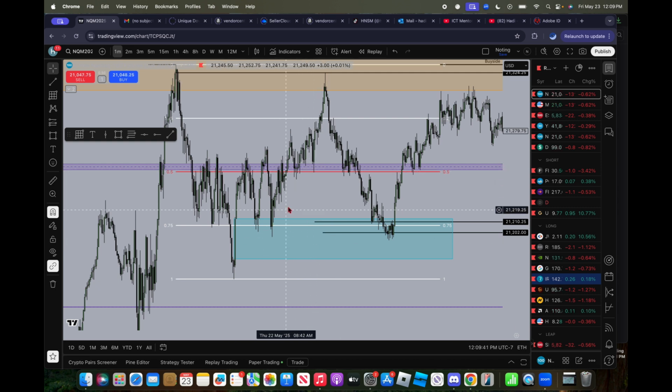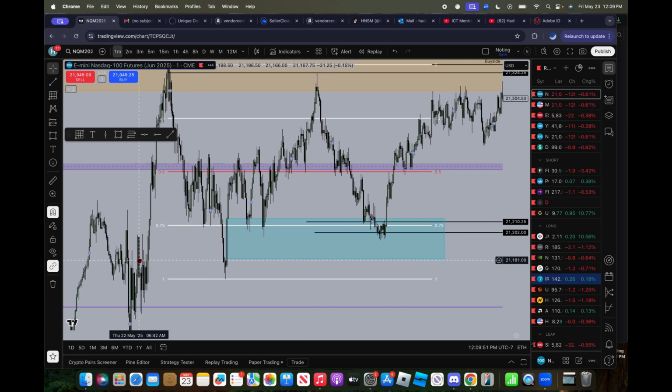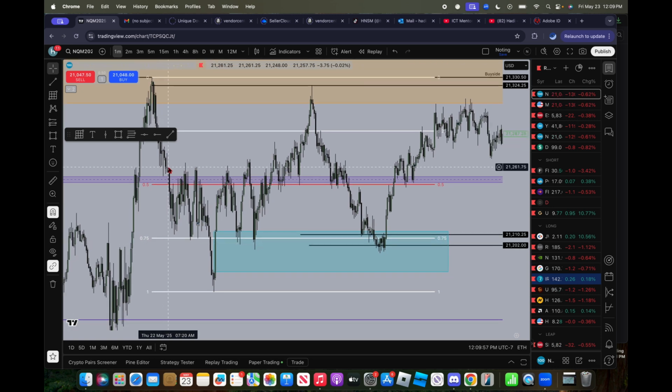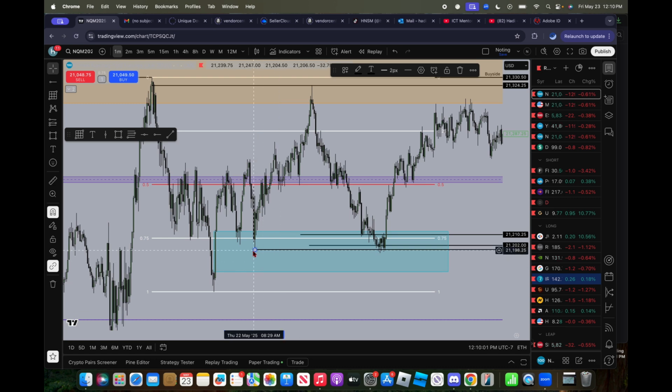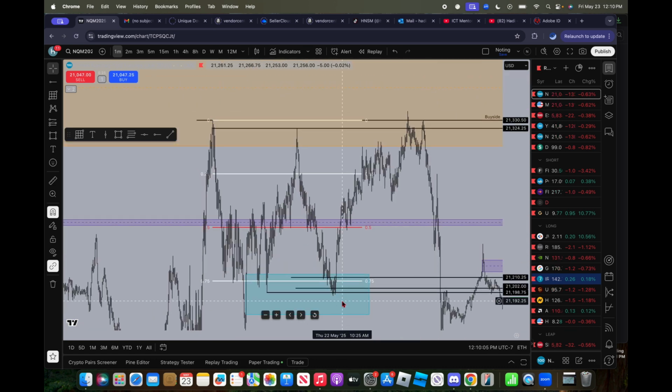We sweep all this sell side right here and trade into a deep discount, which is like optimal entry for if you're in a seek and destroy, and then trade beneath this sell side, which if we were in high resistance bullish, this is kind of like the last place I'd want it to go to.